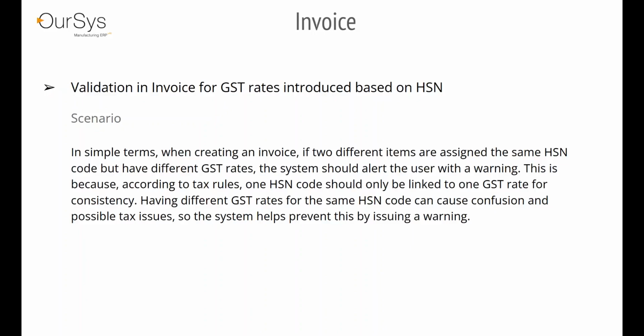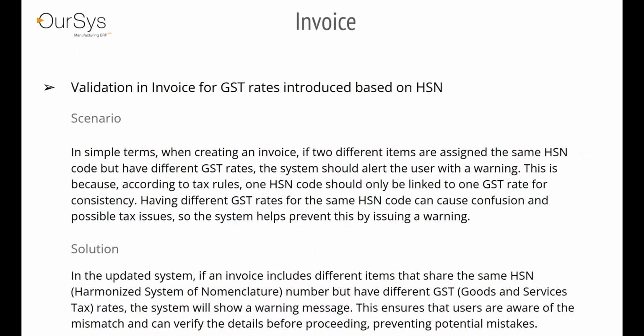If you use the same HSN code for another item with different GST rate, it can cause confusion and lead to tax problems. So now the system helps you by giving you a warning about this mistake, and you can fix it before finalizing the invoice.